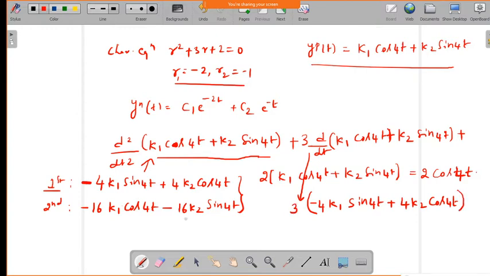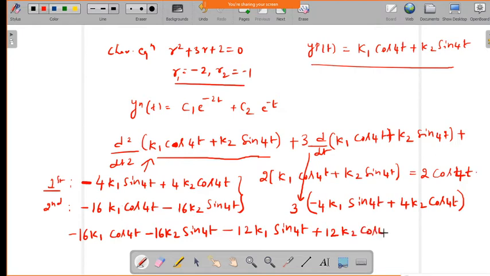Now write the final equation. What you will get: minus 16 k1 cos 4t minus 16 k2 sin 4t. Multiplying this by 3, you get minus 12 k1 sin 4t plus 3 into 4, 12 k2 cos 4t.